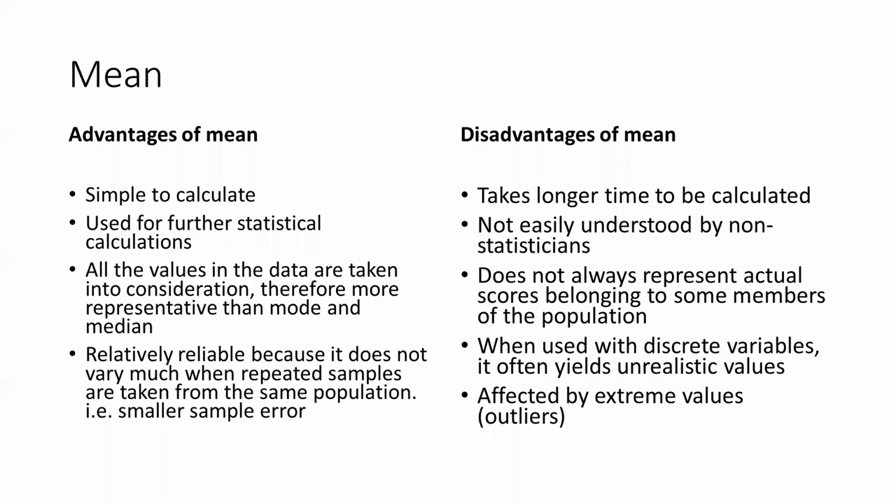For example, if somebody in the class has a height of 2-point-something meters, once you add that to the equation in finding the mean height, a very high value will push your mean to one corner, either skewing it to the right or to the left.